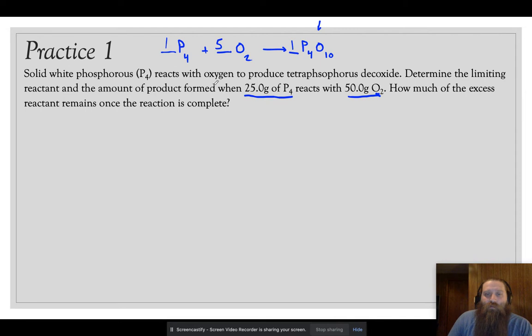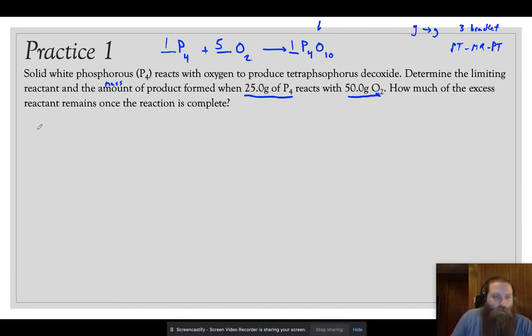I know that because I'm starting with grams, and I'm looking for amount, which you can read as the word mass. So I'm going grams to grams, which we know is 3-bracket. We know it's going to go periodic table, molar ratio, periodic table.